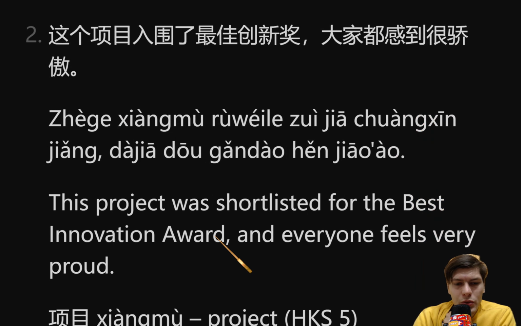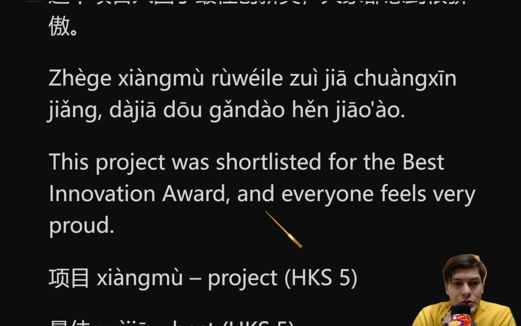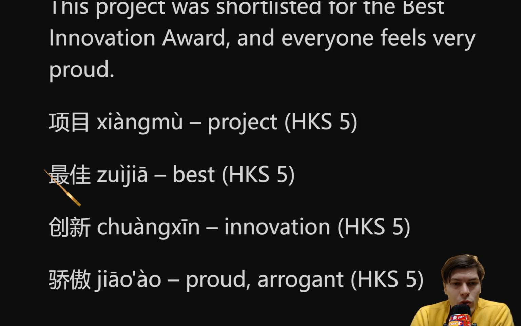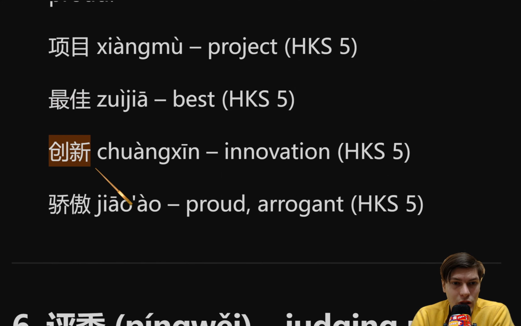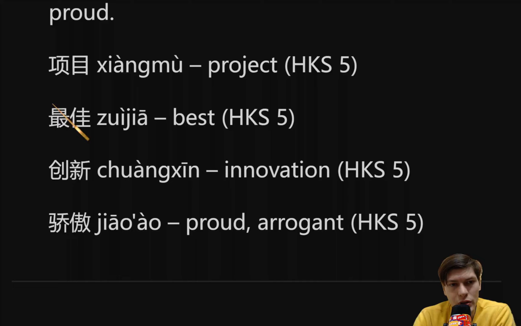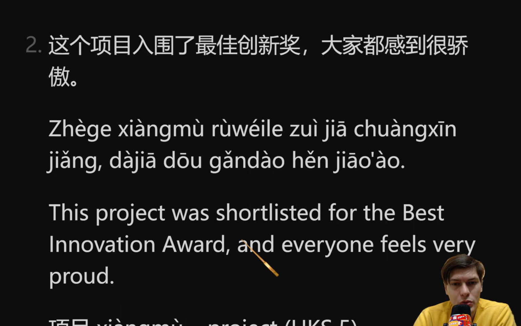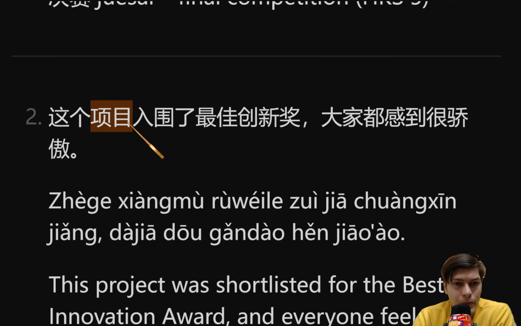Next one: this project was shortlisted for the Best Innovation Award and everyone feels very proud. 项目 project, 最佳 best, optimal, just 最好的. 最佳创新, innovation: 创 to create, 新 new, 创新; and 骄傲 proud. 骄傲 can also mean arrogant, but that is not necessary for now. 这个项目入围了最佳创新奖, this project was shortlisted for the award of best innovation. 大家都感到很骄傲, and everyone feels very proud.